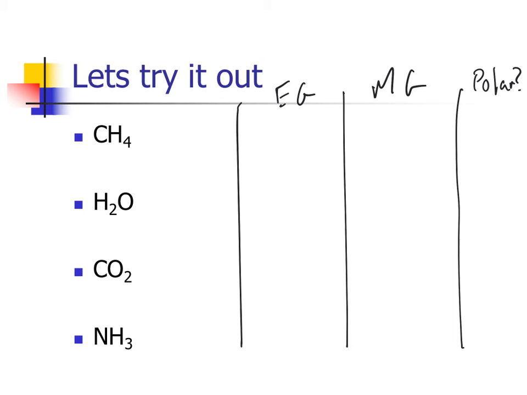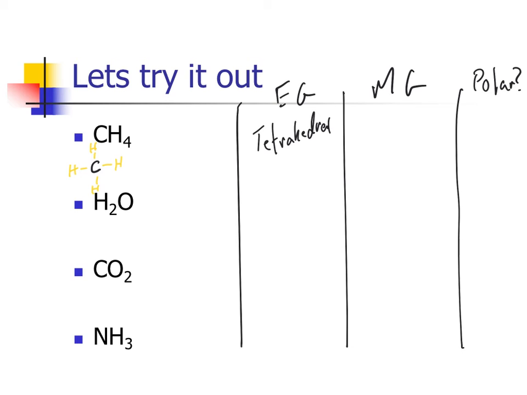So, for my first one, I have methane. Methane is going to have my carbon in the middle, and then my hydrogen around it. So for methane, everything is there. I have 4 regions, all of which are bonding. It is tetrahedral.